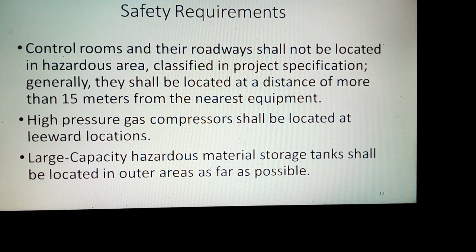Generally, they shall be located at a distance of more than 50 meters from the nearest equipment. High-pressure gas compressors shall be located at leeward locations. Large capacity hazardous material storage tanks shall be located in outer areas as far as possible.